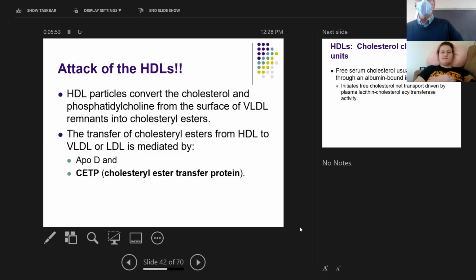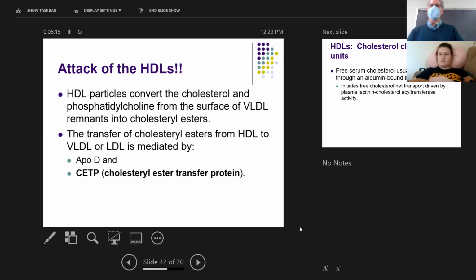So it's clear that HDL particles can take excess cholesterol from VLDL or LDL or even IDL, and they can convert it into cholesterol esters that the HDL then takes up.